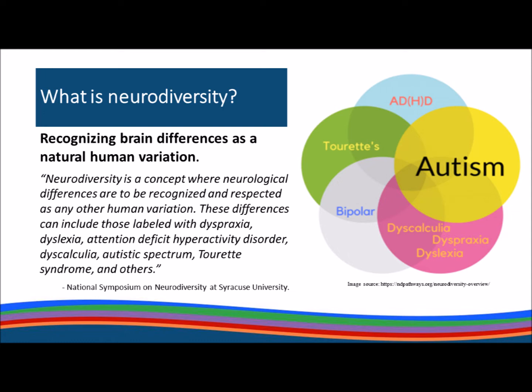Neurodiversity is not exclusionary, and it includes individuals with a vast range of differences. In other words, anyone with a natural brain variation. Neurodiversity is a concept where neurological differences are to be recognized and, most importantly, respected as any other human variation.